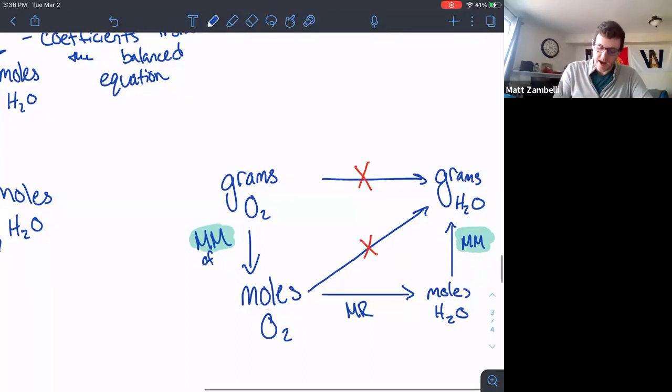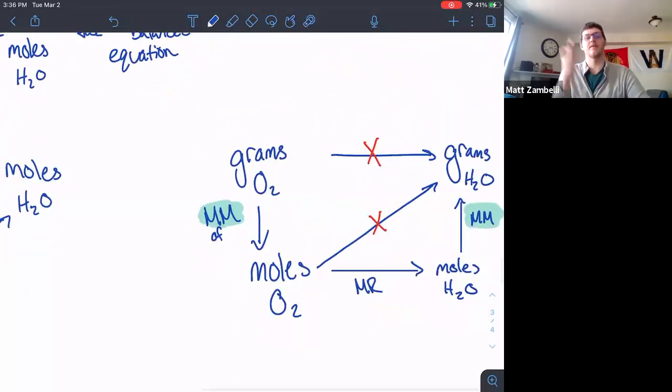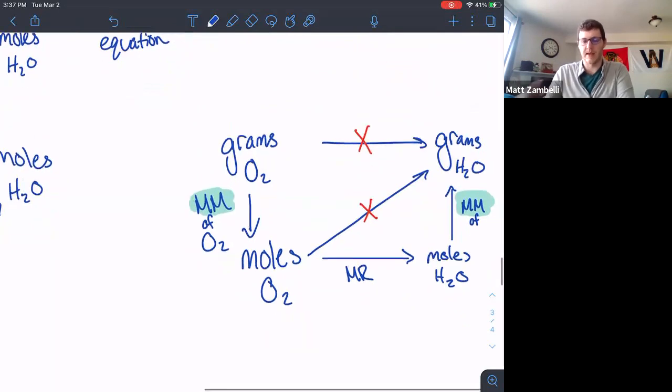The molar mass of oxygen, because that's what we're trying to use to convert grams of oxygen to moles of oxygen. We would use the molar mass of oxygen. What about over here? What would I use for my last step? Going from moles of water to grams of water. What molar mass would I use for that one? The molar mass of water. Perfect.